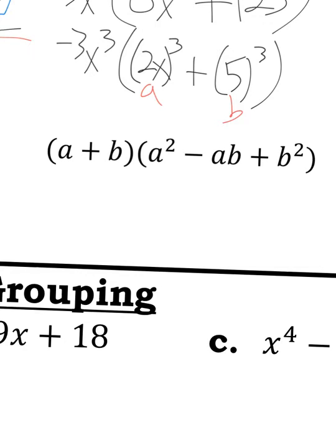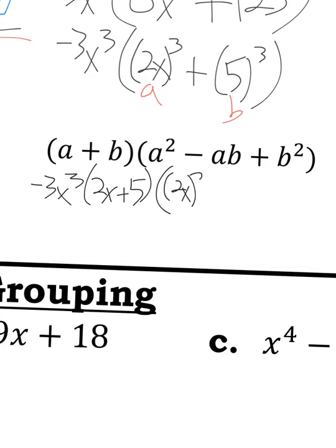So here I have negative 3x to the third. That has nothing to do with this pattern. And then you have your a plus b, so that's going to be 2x plus 5. And then a squared is 2x squared, use parentheses, minus ab, so minus 2x times 5. And then plus b squared would be 5 squared.